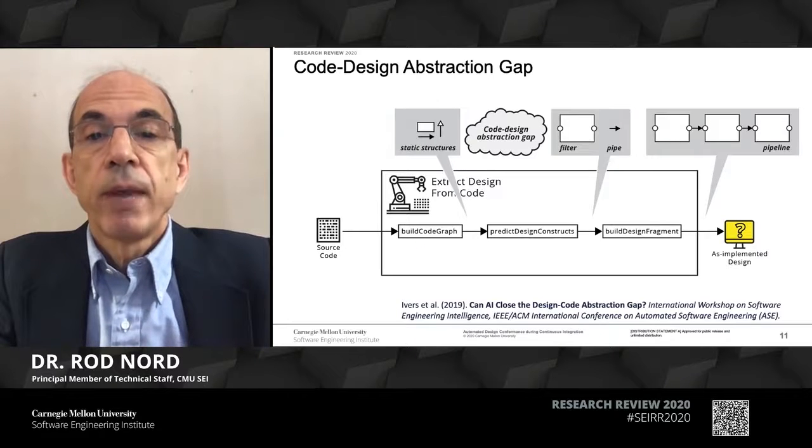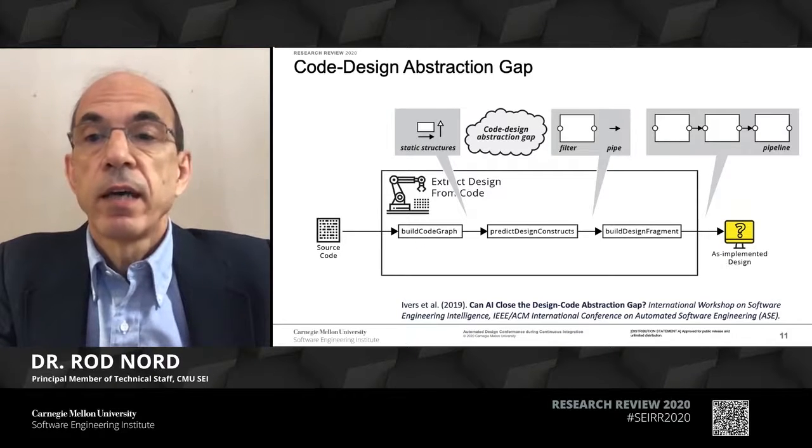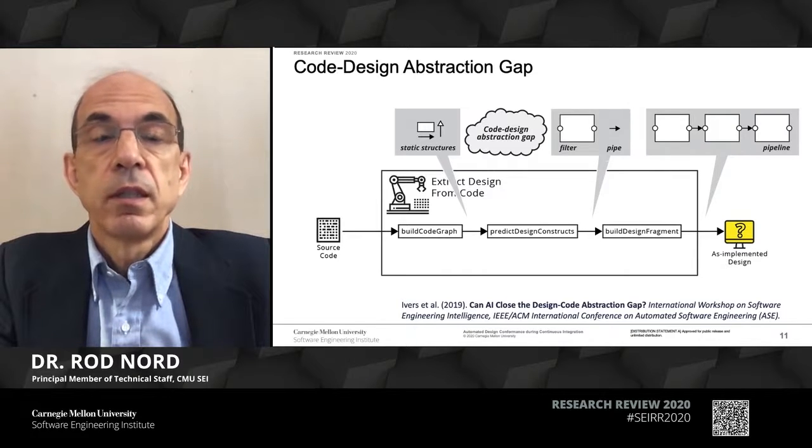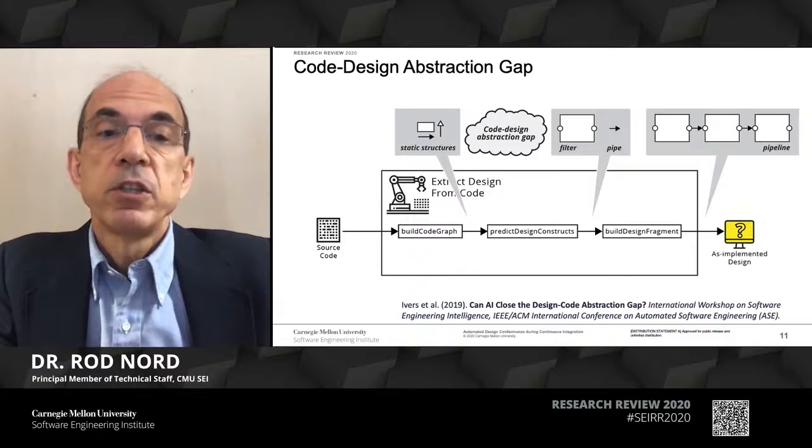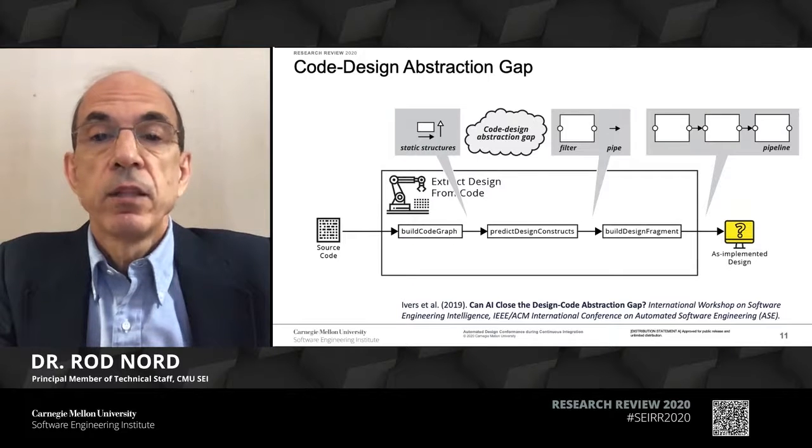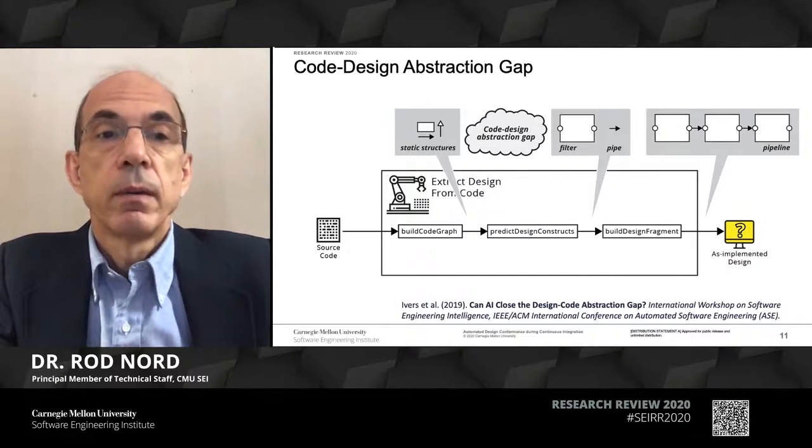Bridging the abstraction gap between code structure and design construct is a hard problem and represents one of our contributions to the state of the art. Our feature engineering work is what will make this possible. Let's walk through this process as we build a graph from the source code, predict the construct, and build the fragment for the as-implemented design and discuss the challenges and what we are learning.